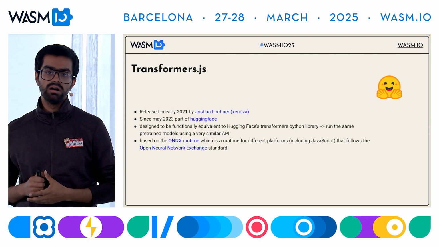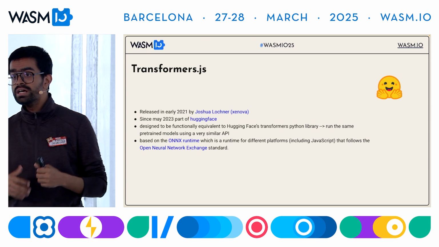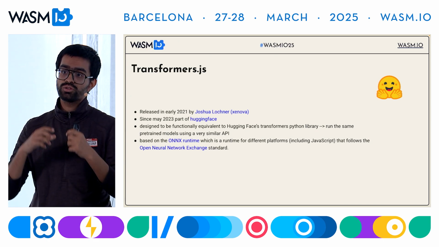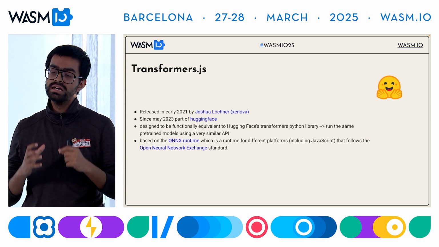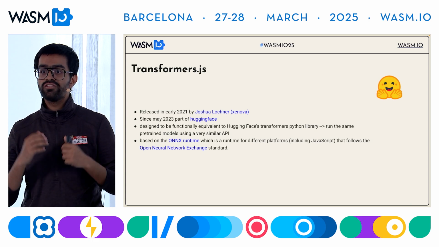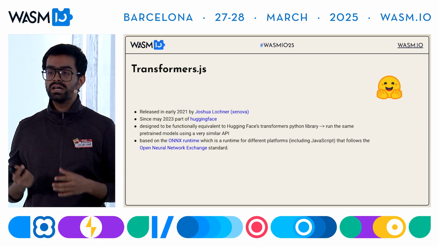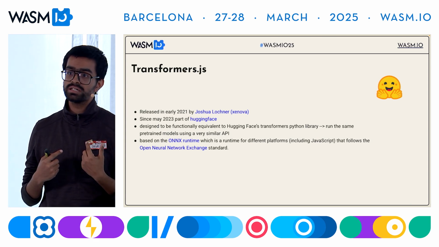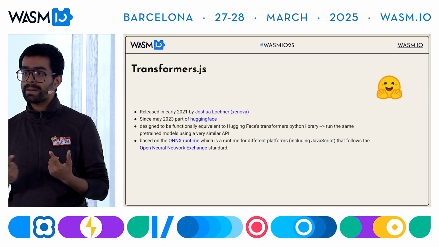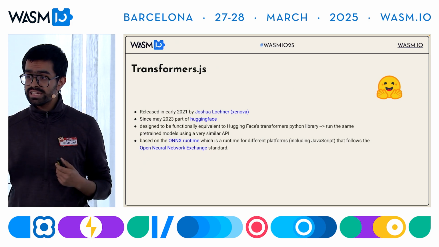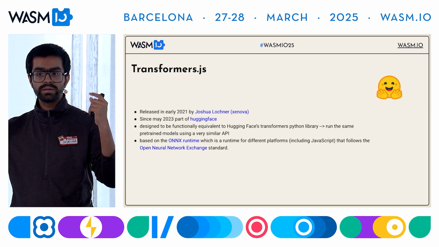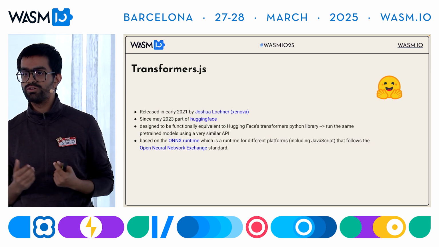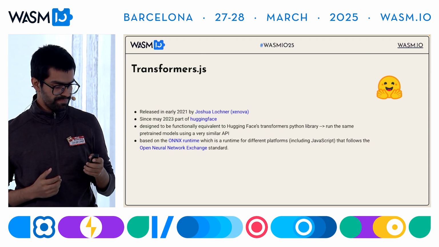For example, Adobe Photoshop Web uses a lot of machine learning models to do real-time editing of images directly in the browser. Or you might have probably used Google Meet, where the virtual background filter is using the MediaPipe API. So you're seeing that these are already in production, serving millions and potentially billions of users throughout the entire web.